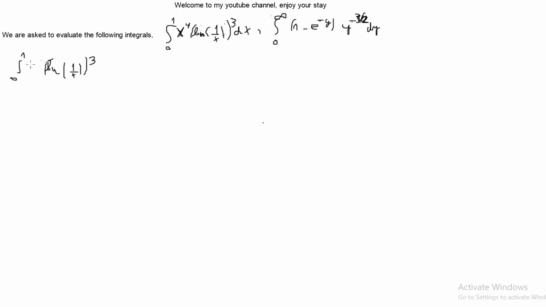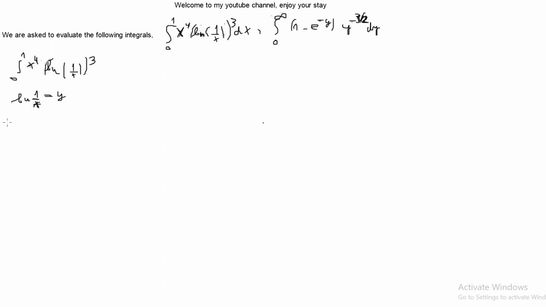Which substitution will I use? I will use the substitution ln of 1 over x equals y. You're asking me, why do you do this? You will see in a moment.